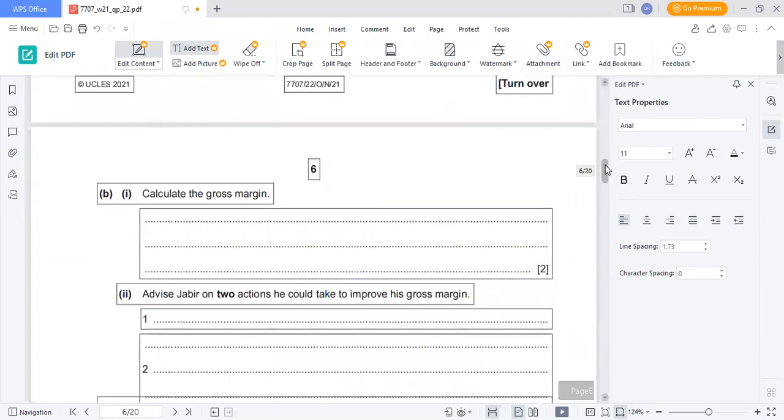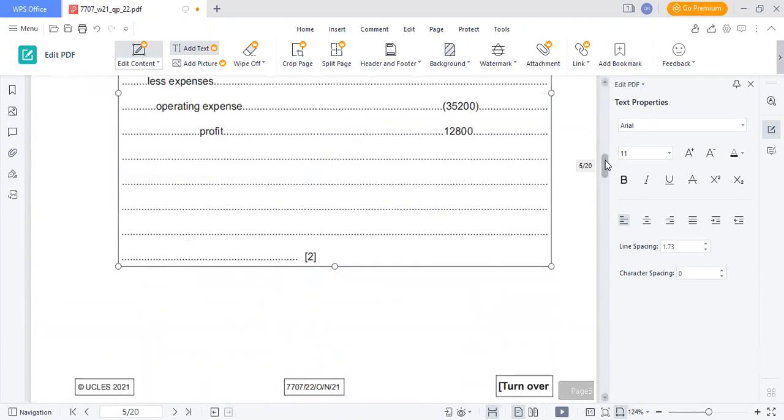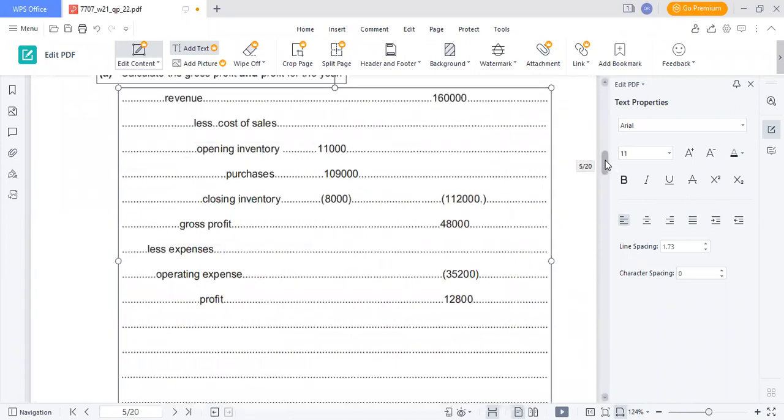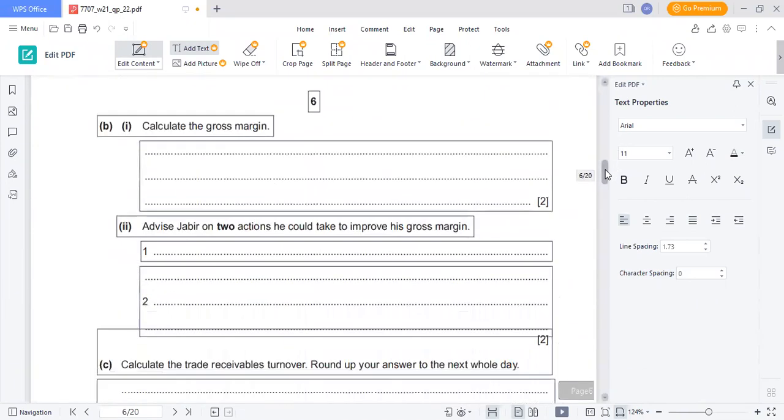Moving towards B part, calculate the gross profit margin. Gross profit margin is calculated by dividing gross profit by sales, multiplying it by 100. So gross profit was 48,000, which we calculated, and revenue was 160,000. If it's written margin, that means sales. If it is written markup, that means cost of sales.